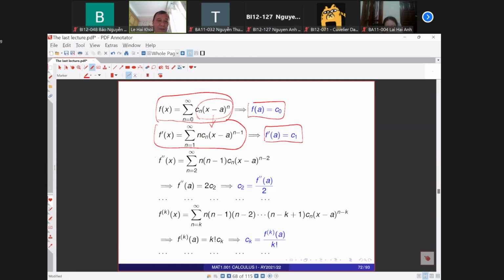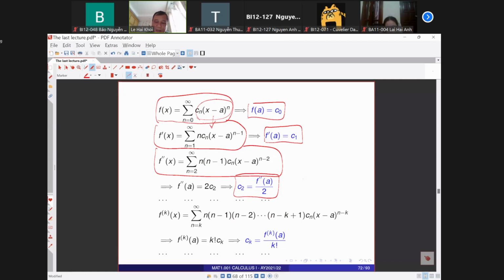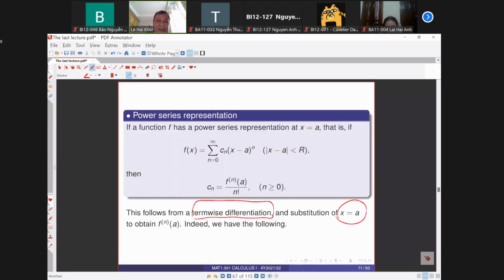And then for the second derivative, again substitute x equal to a, you get c2 is f double prime of a over 2, etc. So it means you can find Cn using term-wise differentiation first, and then you evaluate this differentiation at x equal to a.